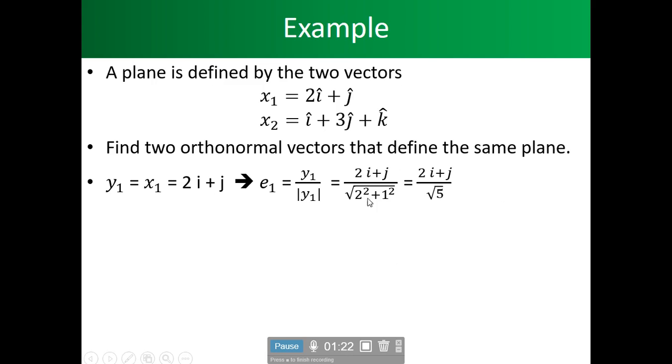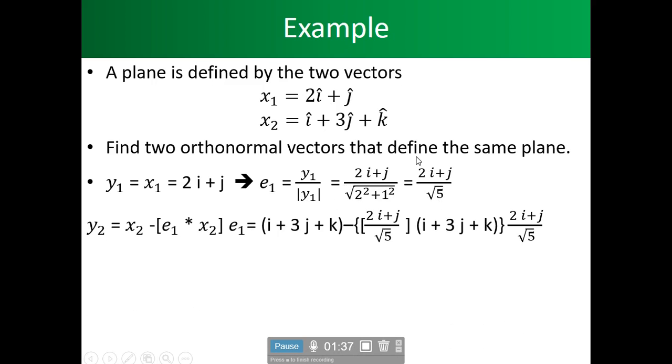So what do we do here? We take the components 2 and 1, square each one, take the square root of them, and get the square root of 5. So we have 2i plus j divided by the square root of 5.